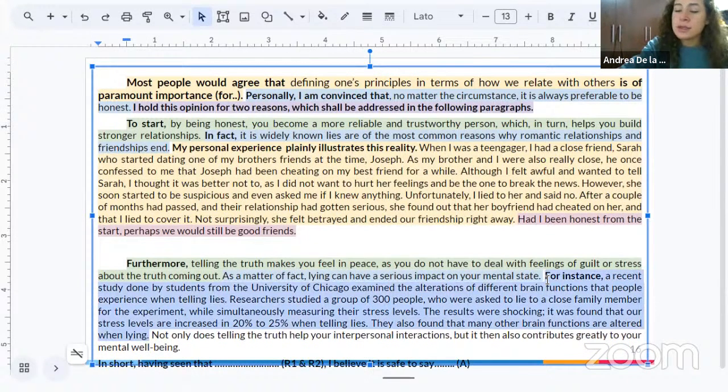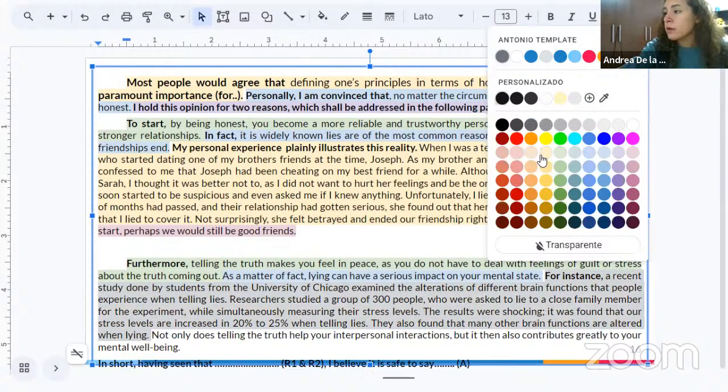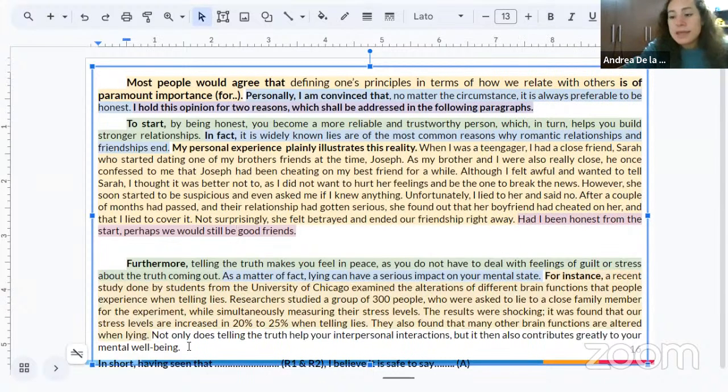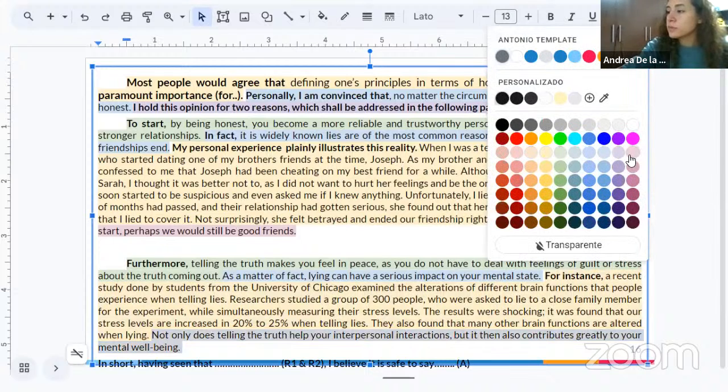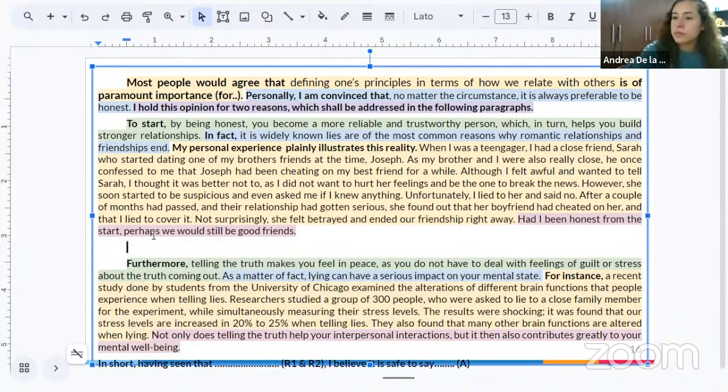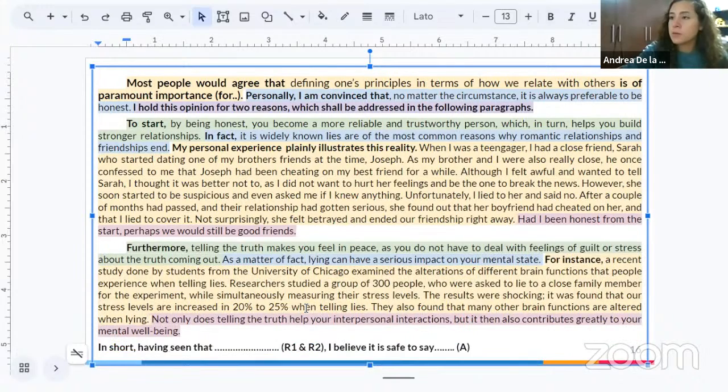So what I'm doing is summarizing everything, right? Coming to a conclusion of how telling the truth helps you feel better with yourself, how it helps your mental well-being, right? Is it okay so far? Do you guys have any questions up until this point?